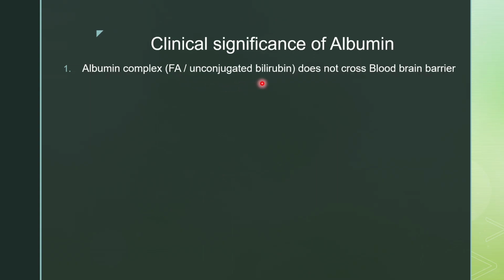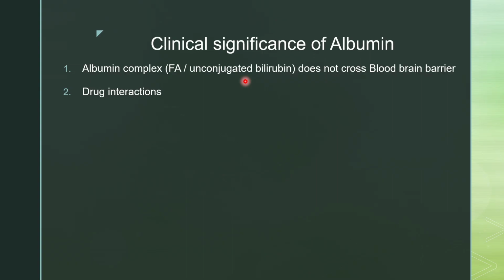And the other important point is unconjugated bilirubin does not cross the blood-brain barrier, because if it crosses, it can get deposited in parts of the brain like the basal ganglia and can lead to disorders like kernicterus in newborns. So this is a good thing that albumin complexed with unconjugated bilirubin does not allow it to cross the blood-brain barrier. It only transports the bilirubin.